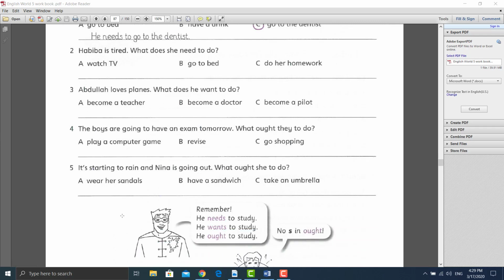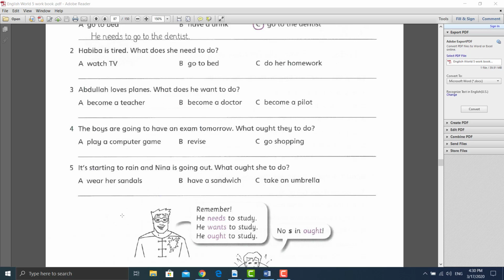Number 5. It's starting to rain and Nana is going out. What ought she to do? Remember, it's raining. Wear her sandals.